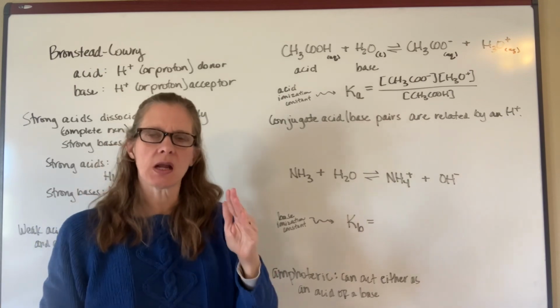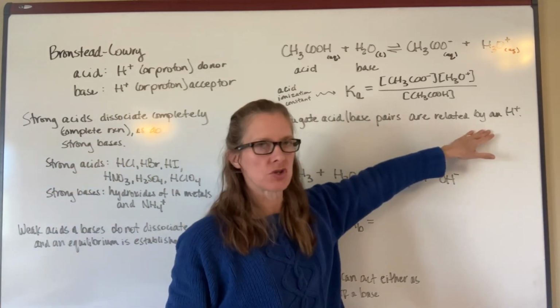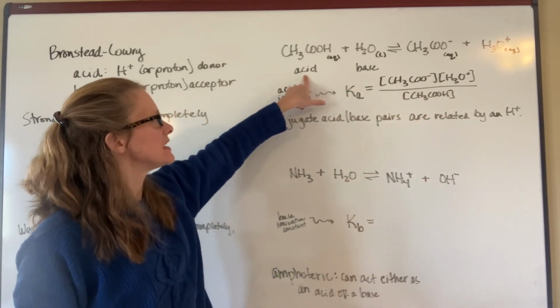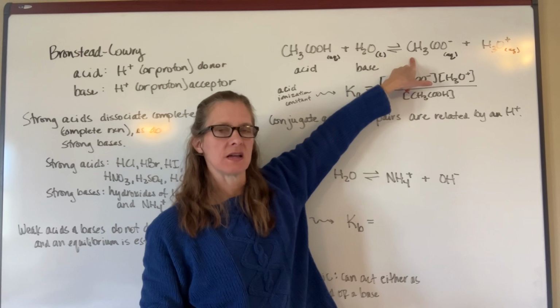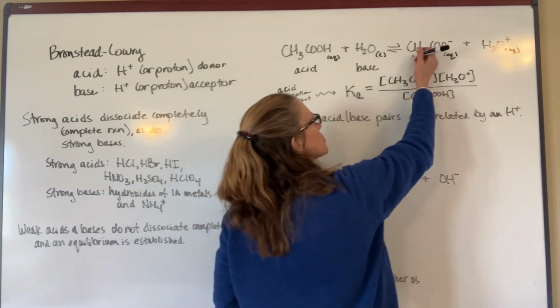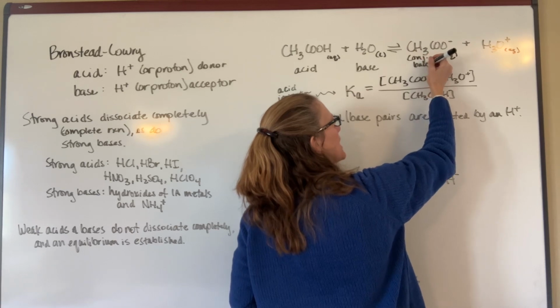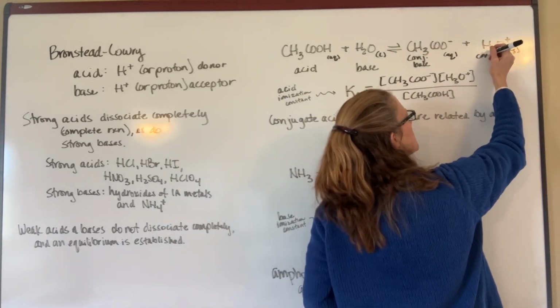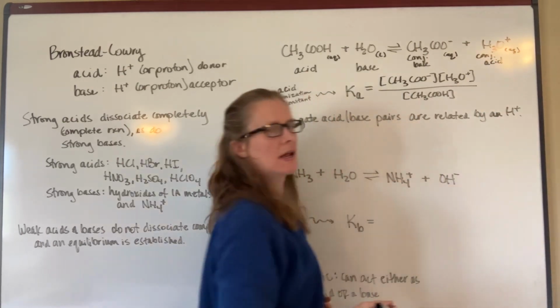A conjugate acid and base pair are related by a hydrogen ion. So if this is the acid, this is the same thing, except the hydrogen ion is now gone. And so this is classified as the conjugate base, and the hydronium ion is classified as the conjugate acid.